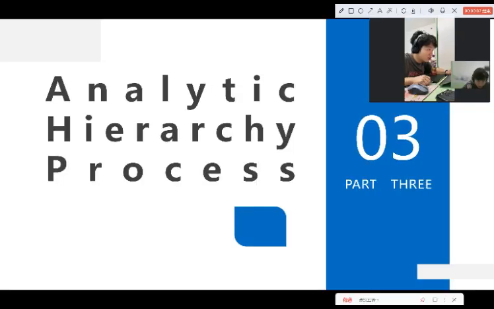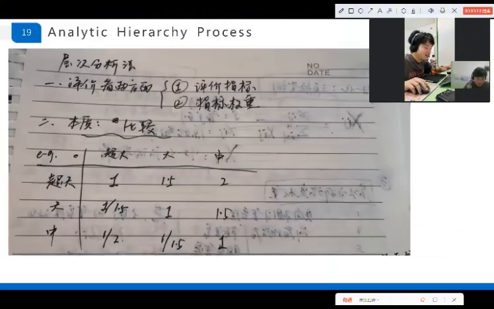Let's come to part 3, the analytic hierarchy process. This also uses eigenvalues and eigenvectors. For example, if we want to evaluate one project, we must focus on two aspects: evaluation criteria and corresponding weight. Its essence is comparison.